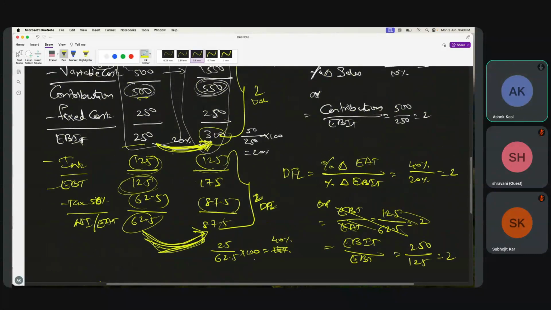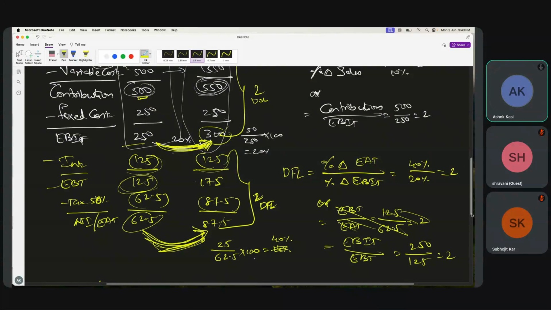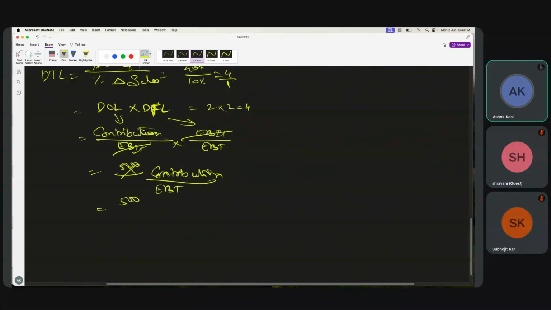Contribution is 500, earning before tax is 125. So 500 divided by 125, just calculate, it will come to 4, which we got here as well and here as well. So many formulas. This is one formula, second formula, third formula for degree of total leverage.